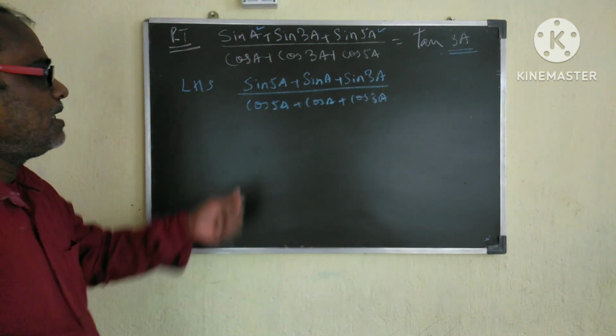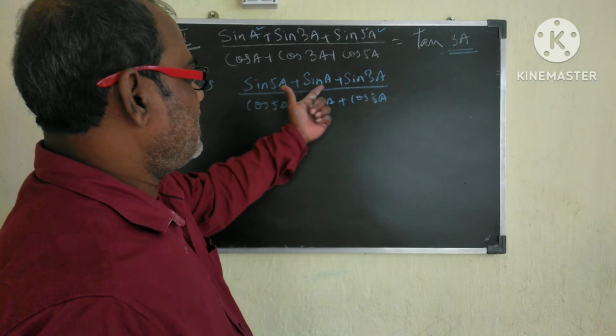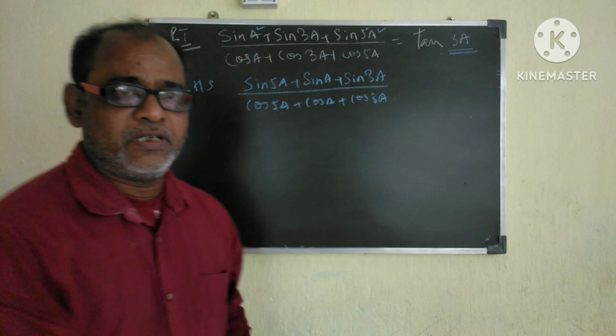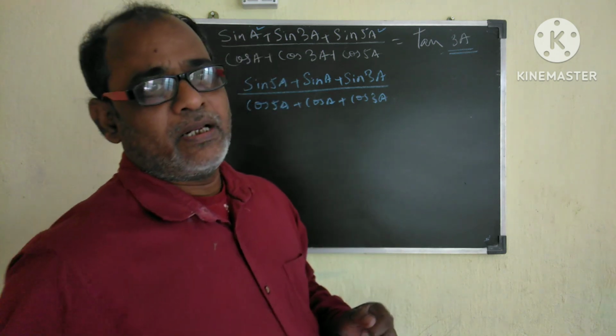Just now we have read sin C plus sin D. What we know is that sin C plus sin D means 2 sin (C plus D) by 2 cos (C minus D) by 2.